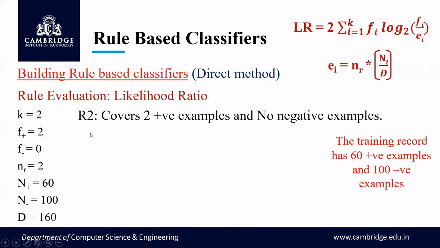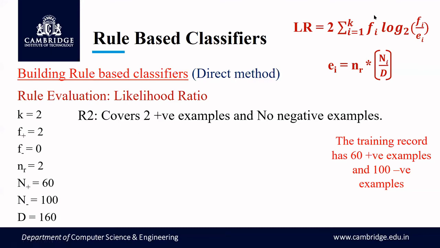And F minus is how many negative examples are covered by the rule. Here he says no negative examples, so F minus is 0. Right? And NR is nothing but the number of records covered by the rule. How many records are covered here? It is a combination of both positive and negative examples, which is nothing but 2 plus 0. Again, it is 2 only.